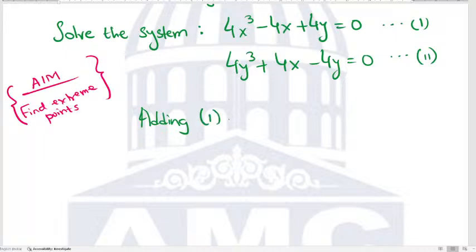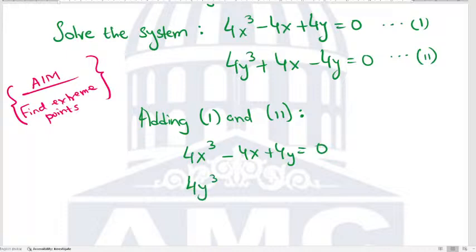You see, solving a system of linear equations is different for different systems. In this system, the reason I'm adding is as follows. 4x cubed minus 4x plus 4y is equal to 0, and 4y cubed plus 4x minus 4y is equal to 0.